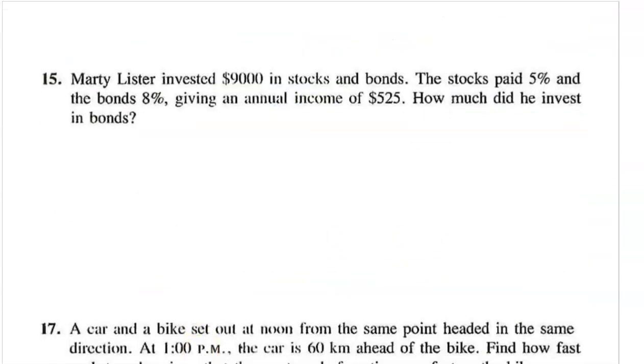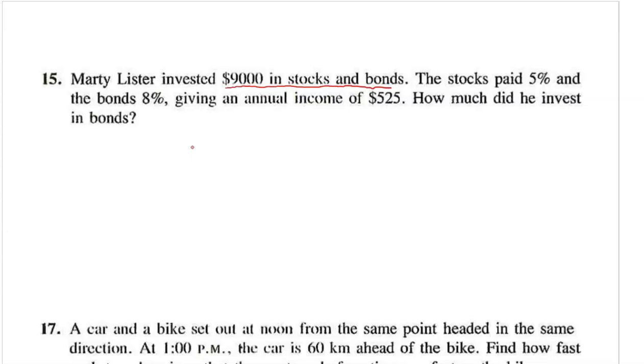Now, number 15. Marty Lister invested $9,000 in stocks and bonds. So he put some of the money in stocks and some of the money in bonds. And together, it adds up to $9,000. That's showing a relationship between the unknown amount in stocks and the unknown amount in bonds.